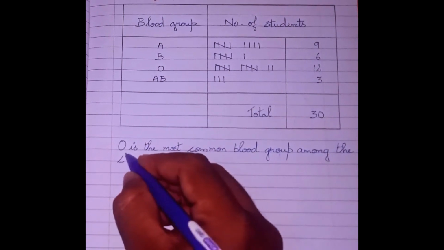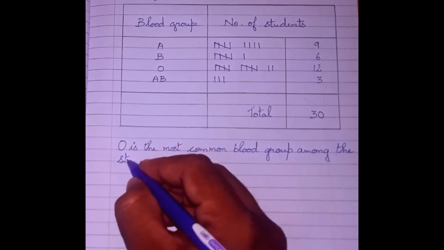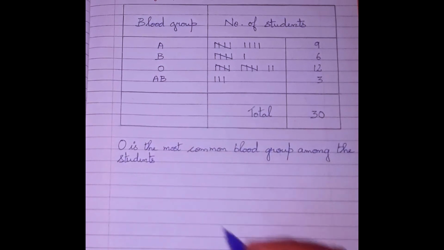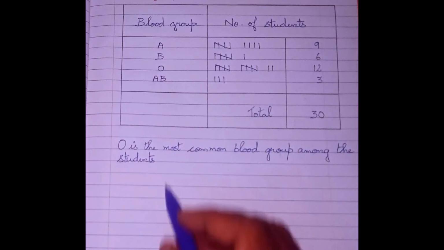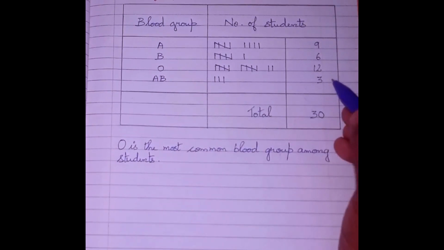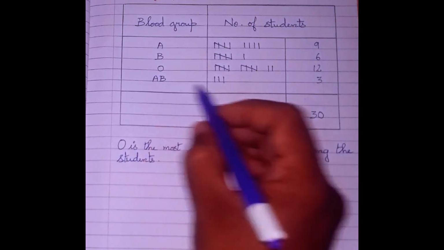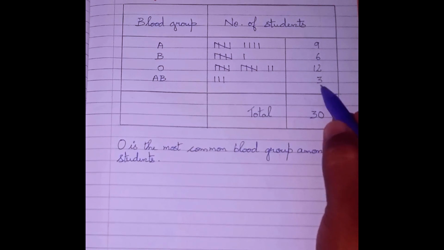Then the second question is, they are asking which is the rarest blood group among the students. Now you can see the least one is 3, and that group is the rarest blood group among the students.